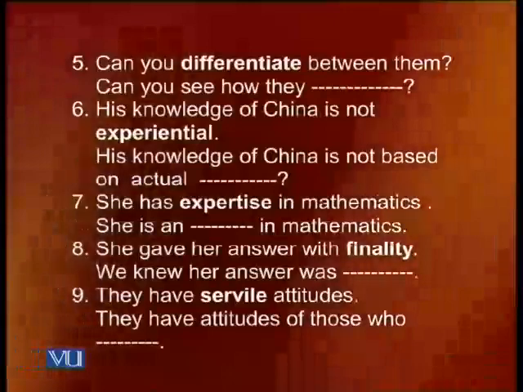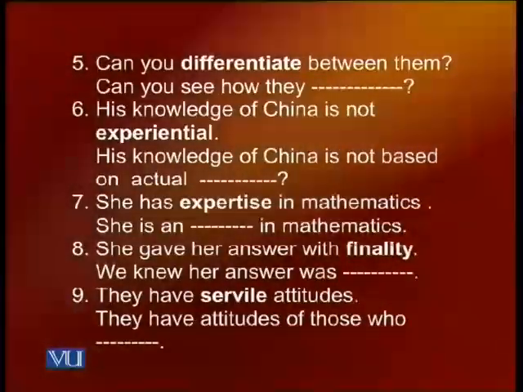All right, servile. What if you don't know the meaning of servile? It's a new word. How has it been made? It's been made by adding ILE to the base word. And the base word is serve. They have attitudes of those who serve.